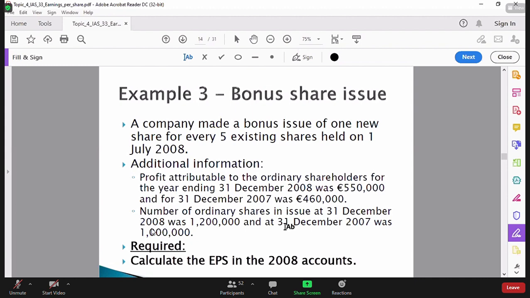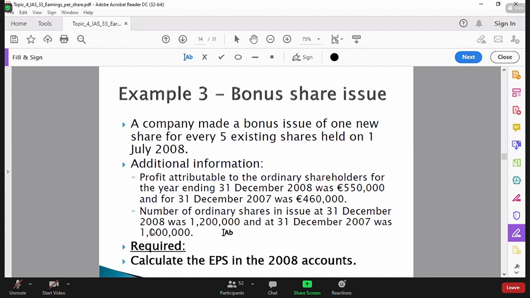As at 31st December 2007 there was 1 million shares, but they declared a bonus issue for every 5. So divided by 5, the bonus issue is 200,000. That's why at the end of 2008 you have 1.2 million.